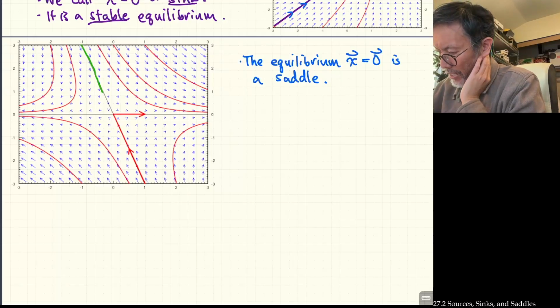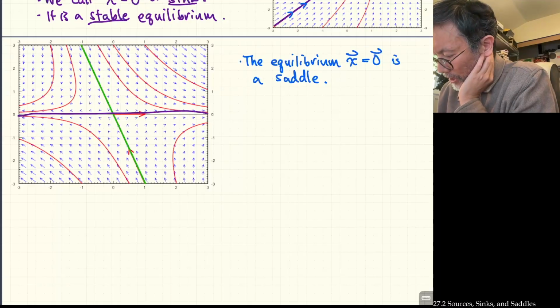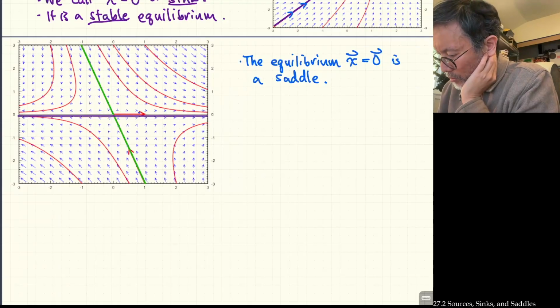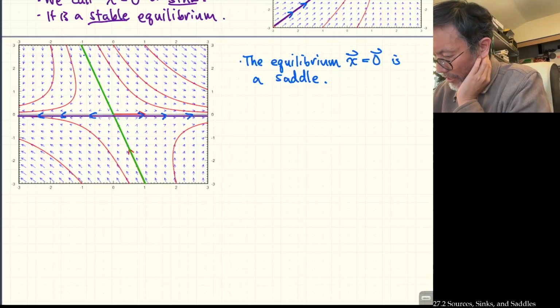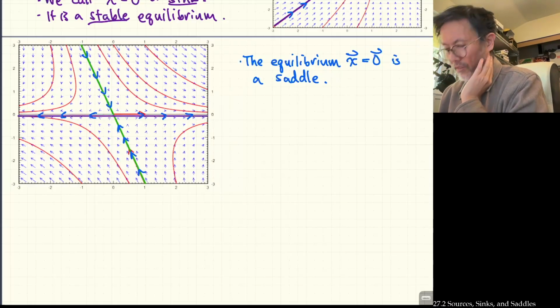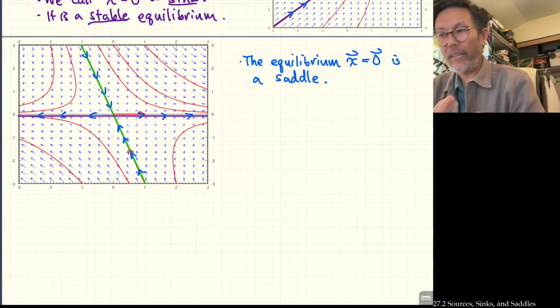So the two eigenvectors are going to determine two lines, this one and then this one in this picture. And again, in one direction we have the repulsive behavior, like this, and in the other direction we have the attractive behavior. We call such points with this sort of split personality saddle points.